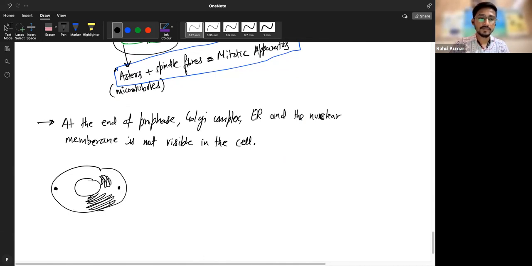So when they give out spindle fibers, they will just not reach anywhere. There is a problem: too much crowded, too many membranes, too many compartments. So we have to get rid of all of this so that these spindles can reach the center.